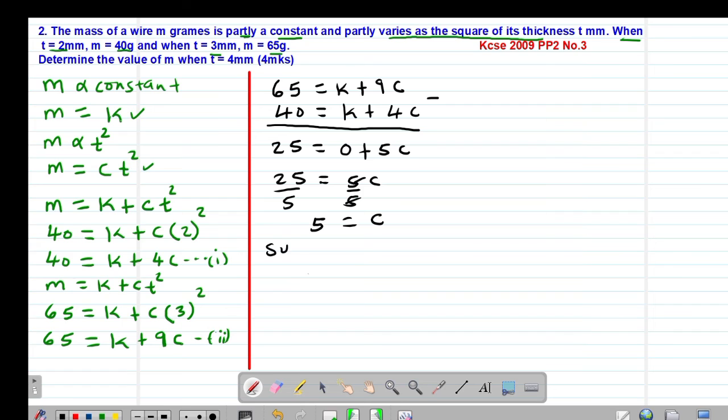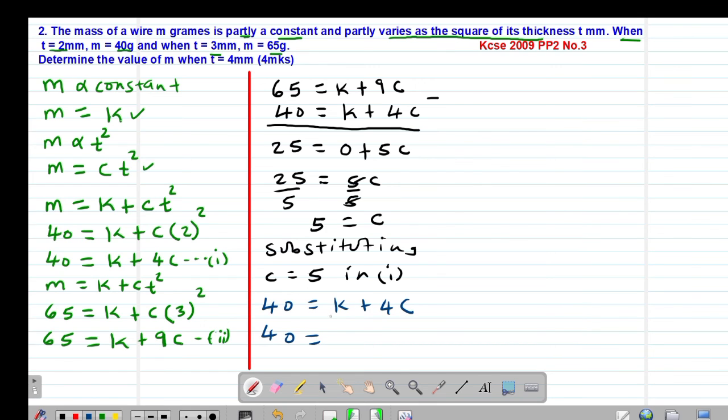Then I'll substitute C is equal to 5 in the first equation. I'm going to get the following. So the first equation was 40 is equal to K, then plus 4C. So if I substitute, I'll have 40 being equal to K, plus 4 into the value of C, which is actually 5.